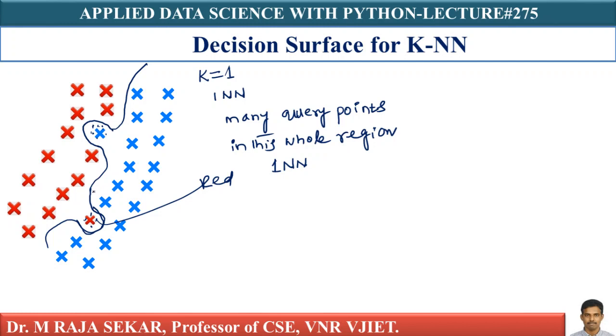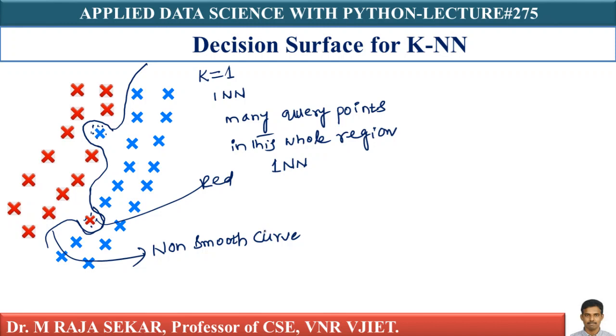If k equal to 1, then your decision surface looks like this. This is a non-smooth curve. That one must understand. The non-smooth curve that we saw earlier in my previous lecture is what you get as a decision surface if k equal to 1.